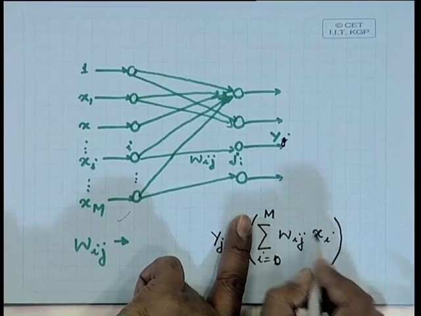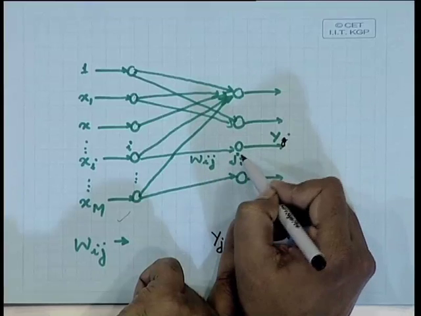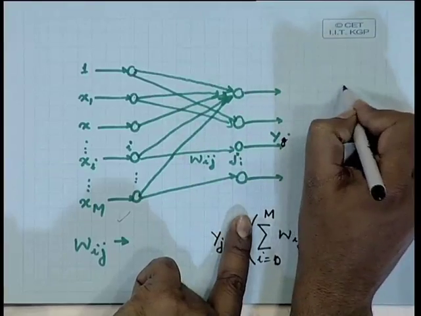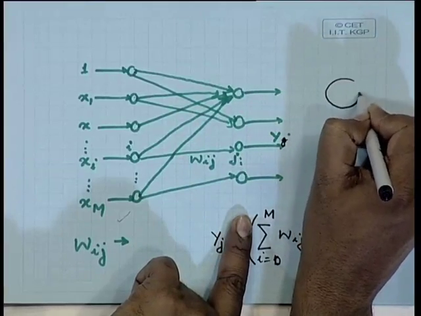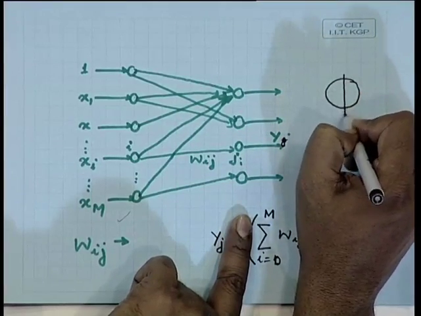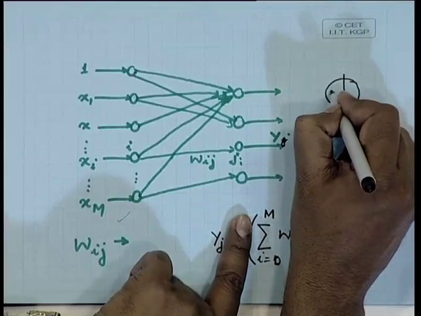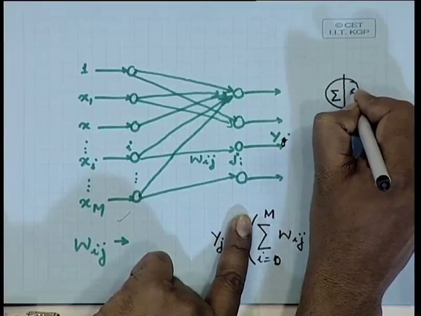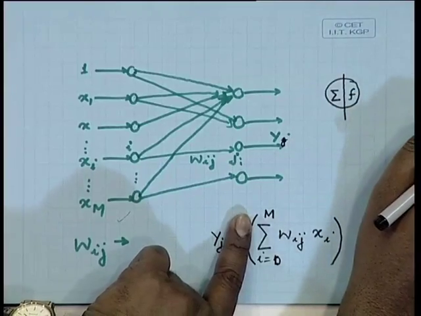I can consider that this is the input to the jth output layer node. Every output layer node I can break into two parts. One portion computes the summation and the other portion gives you the non-linearity, that is f.